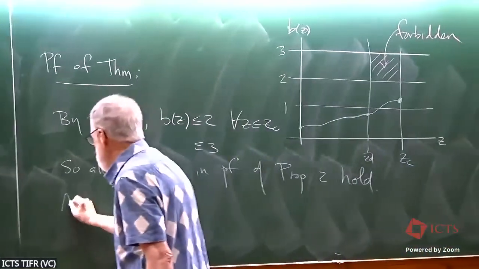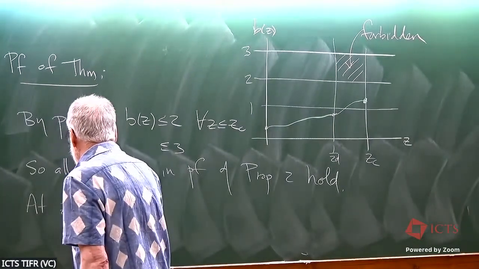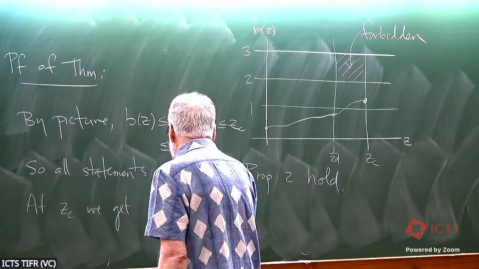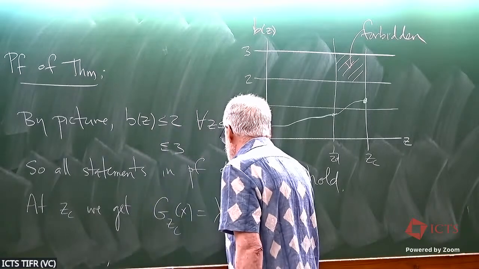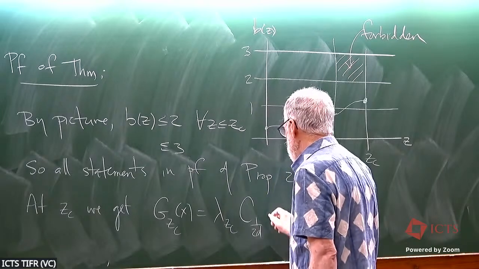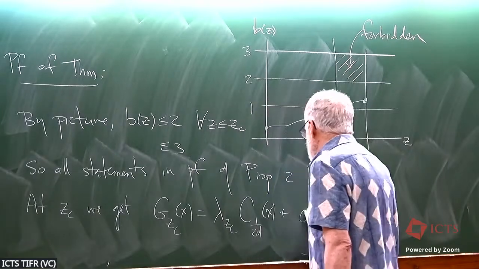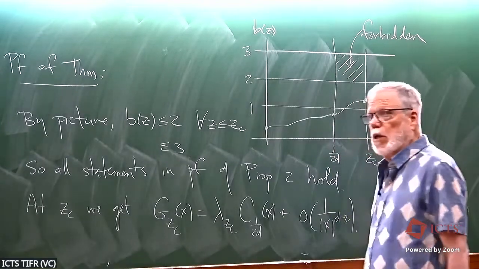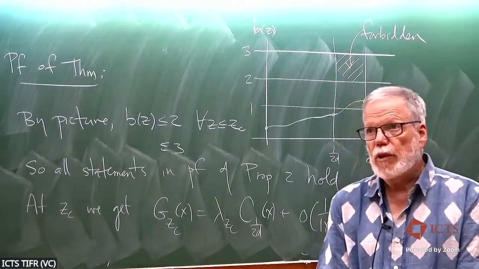So at ZC, we get that G_ZC of X is equal to lambda ZC, which is 1 plus order beta, C1 over 2D, because mu ZC was 1 over 2D, plus small o. And so that completes the proof.